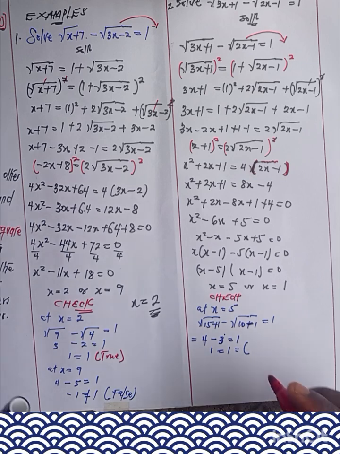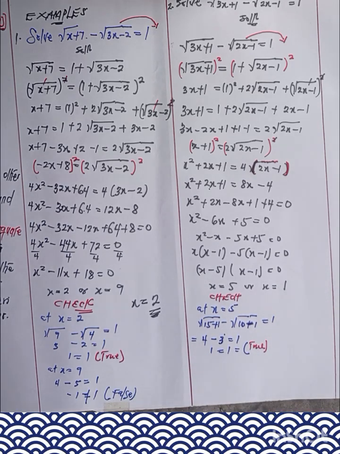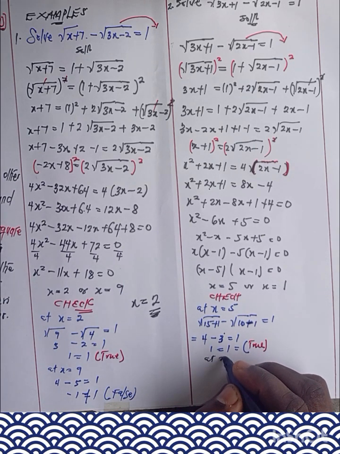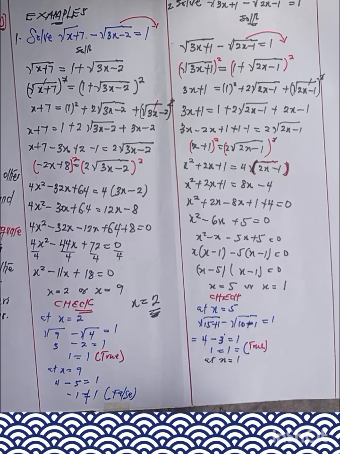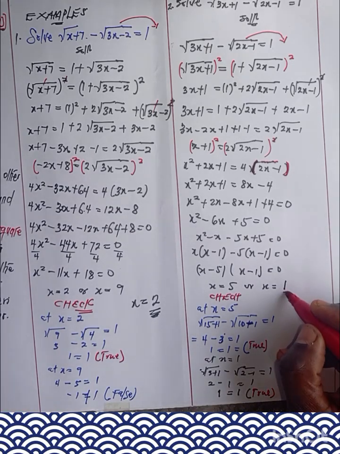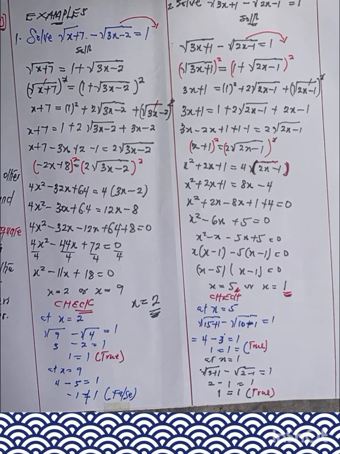It means the solution at x is equal to 5 is true. So we have at x is equal to 1, it satisfies the equation. So it means that the solutions to the equation are x is equal to 1 or x is equal to 5.